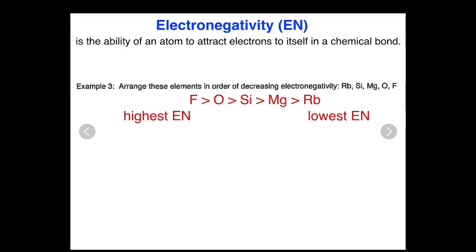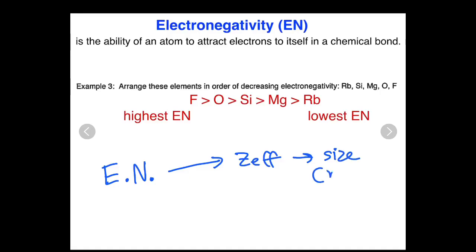So that means, again, when I ask you on the exam to rank, you also need to be able to tell me the reason as well. So the reason for electronegativity is you are going to look at effective nuclear charge, and then you are going to look at size, which is the number of electron shells, right?